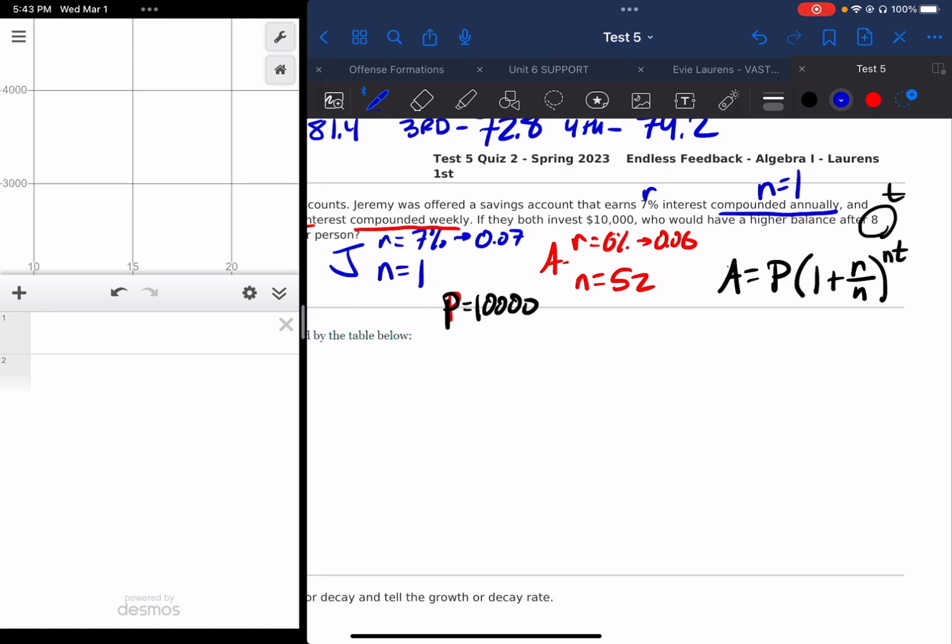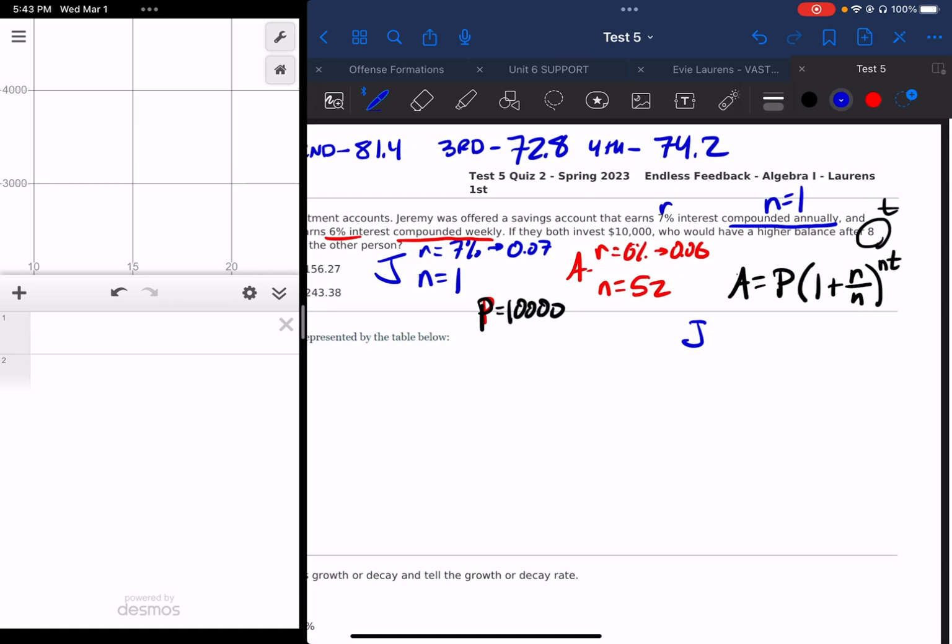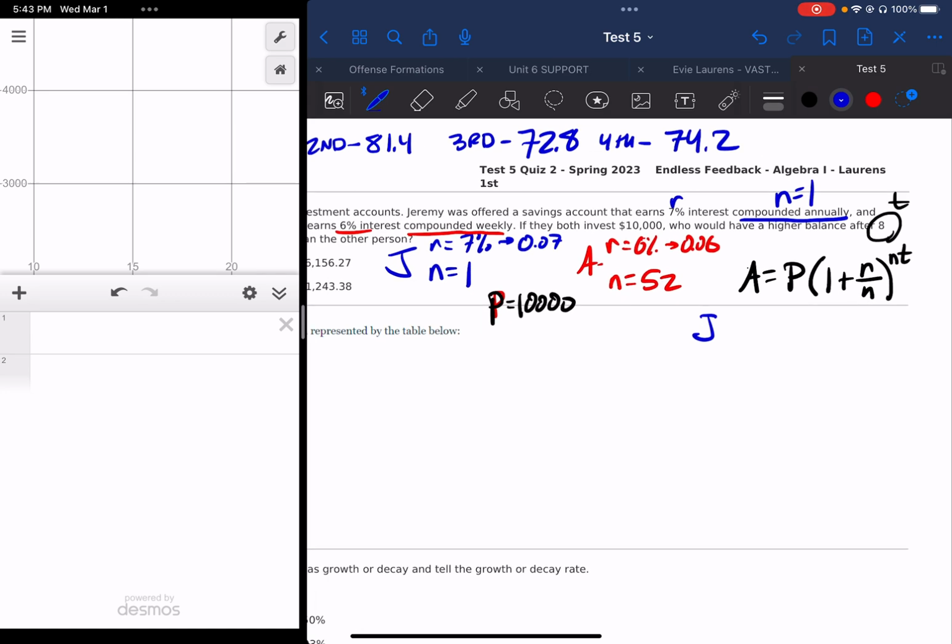So we'll do Jeremy in blue. That means Jeremy invests $10,000. That was our initial principal. It's going to be 1 plus Jeremy's rate, which was 0.07. And Jeremy's was compounded one time per year, so his n value is 1. That means up in the exponent, I have to do 1 times the amount of time, which was 8.